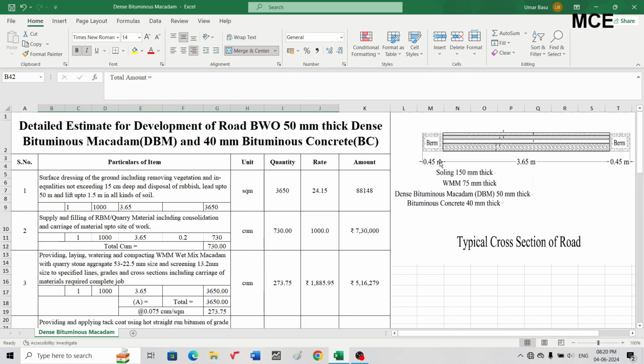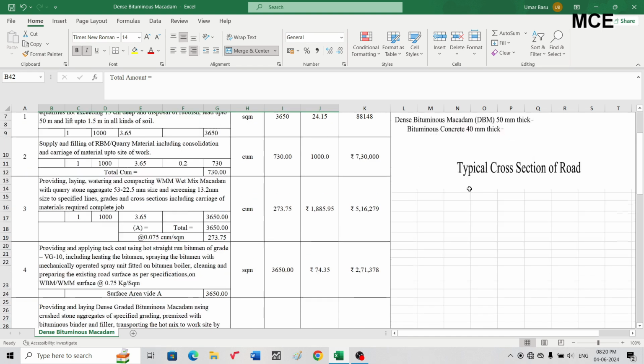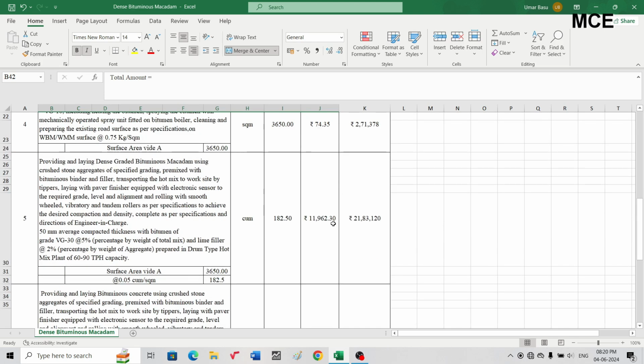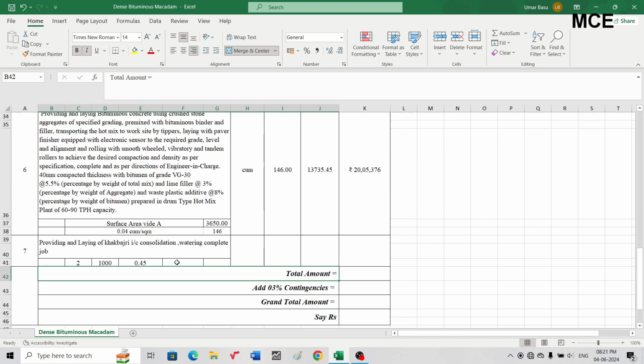Its thickness will be the thickness of the soling, which is 150 mm, plus WMM 75 mm, plus 50 mm of dense bituminous macadam and 40 mm of bituminous concrete. So total thickness will be equal to 315 mm or 0.315 meter.